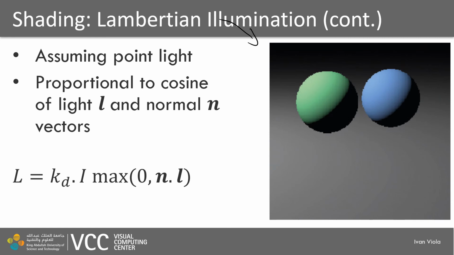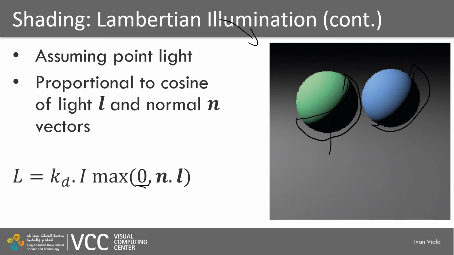Please note that the clamping here results in these entire areas getting 0 light, because the 0 from this nonlinear max function eliminates the illumination for these points.